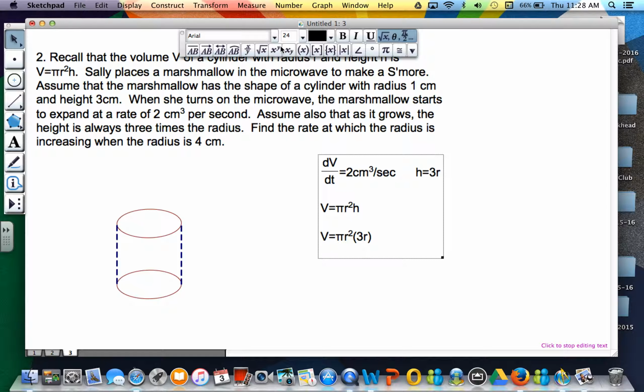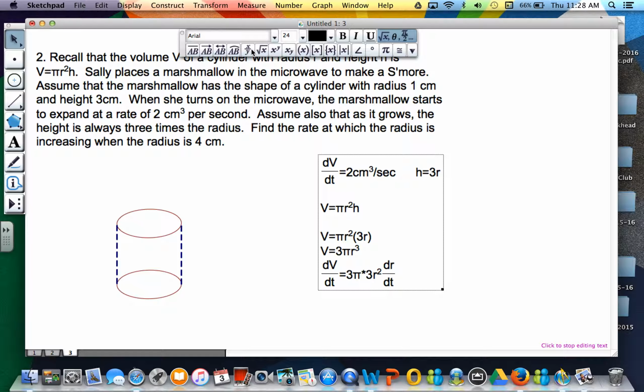That's the same thing as volume is equal to 3 pi r cubed. Now, I'm going to differentiate with respect to time t. I get dV/dt is equal to 3 pi times 3 r squared dr/dt.